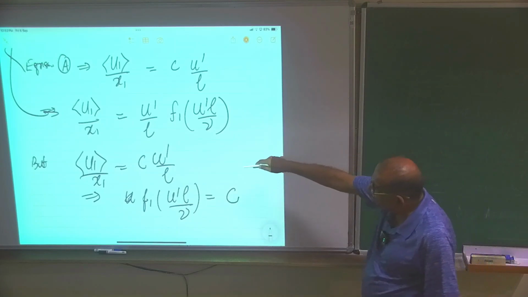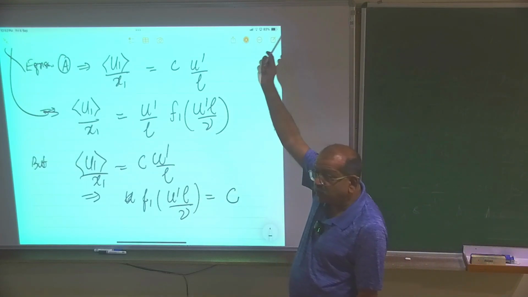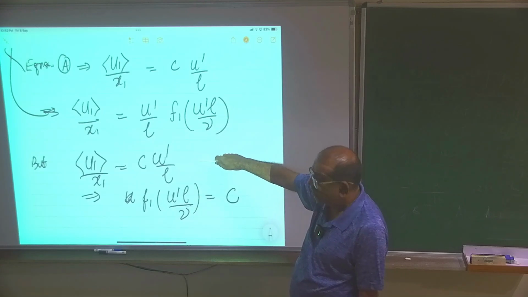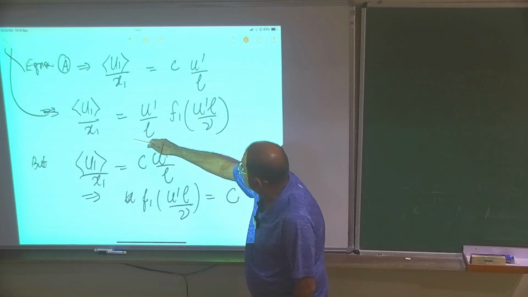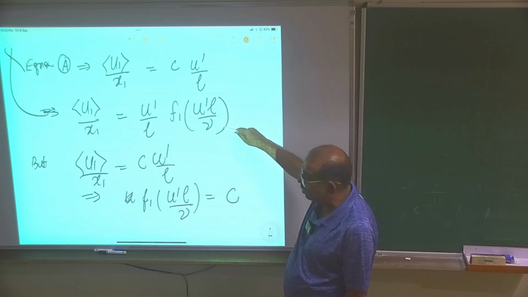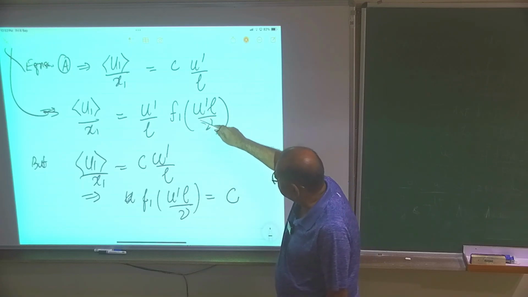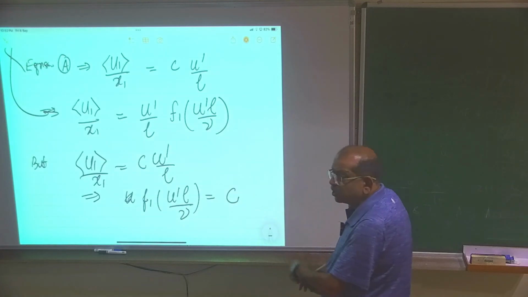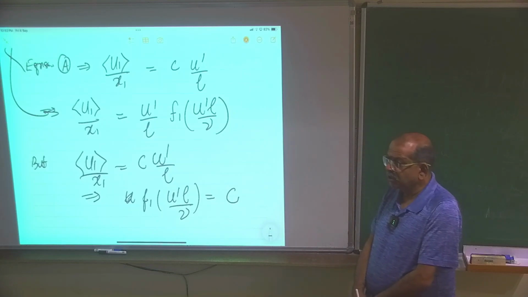One equation comes from the governing equation. Dimensional analysis tells me U1 upon x1 is equal to U prime upon L times some function of UL upon nu. When I compare these two, it tells me that this function of Reynolds number must be a constant.